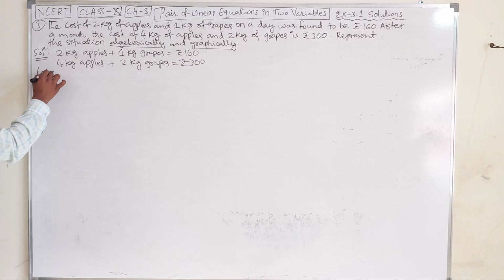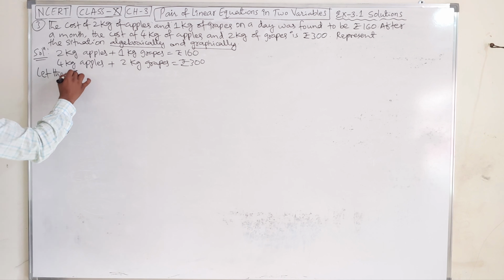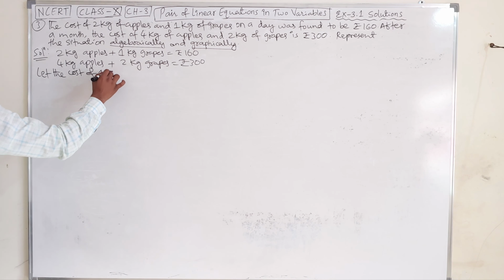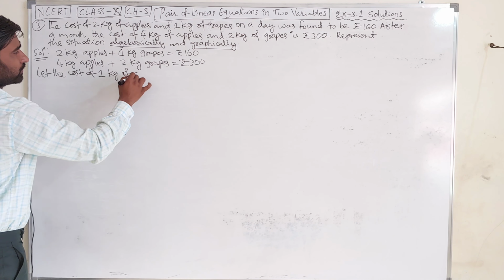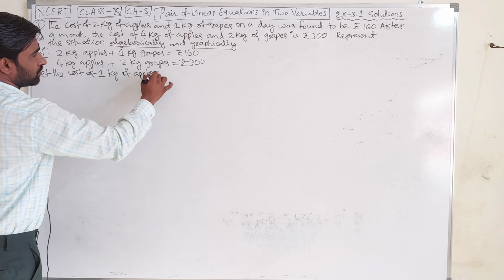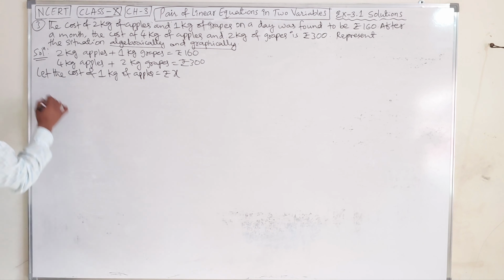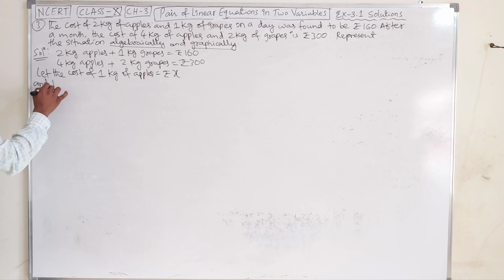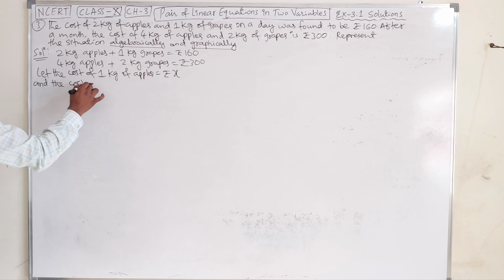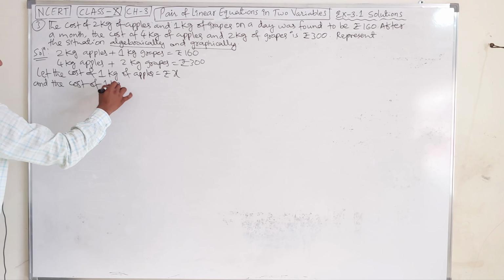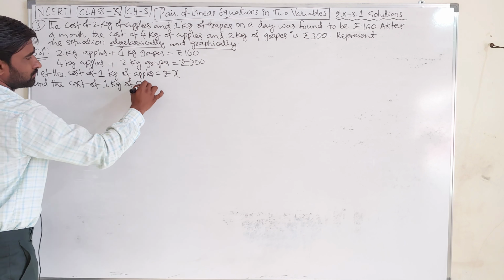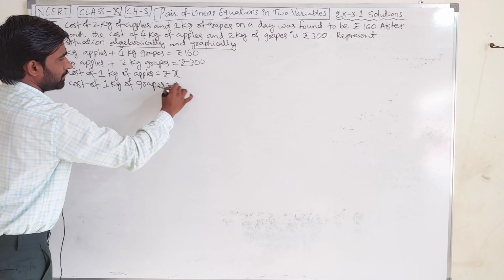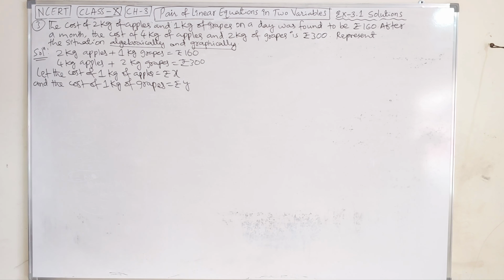Let the cost of 1 kilogram of apples be rupees x and the cost of 1 kilogram of grapes be rupees y.